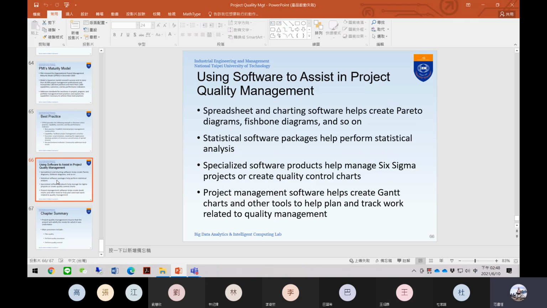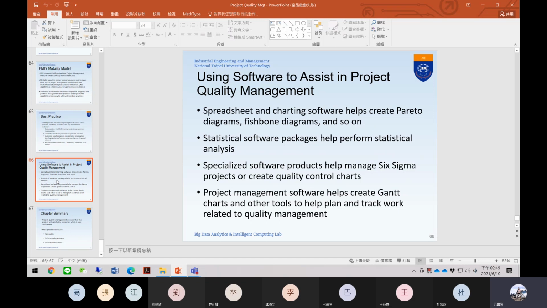Then, using software. Sometimes with CMMI, we use software to assist project quality management. Spreadsheets like Excel and charting software help create a Pareto chart for sure. Ishikawa can be done as well.